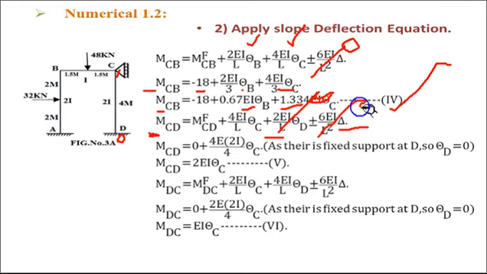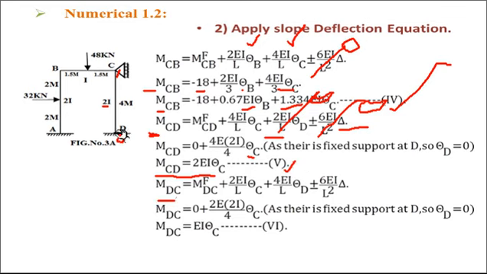Delta will be 0, no translation, non-sway frame, so delta for the column is 0. Now only theta C and the fixed moment are available, so put in their values. MCD is equal to 0, no load, so fixed moment CD is 0, plus 4E into 2I, moment of inertia 2I, divided by 4 into theta C, which is unknown. Simplifying, we have MCD is equal to 2EI theta C. Let's say this is equation number 5.